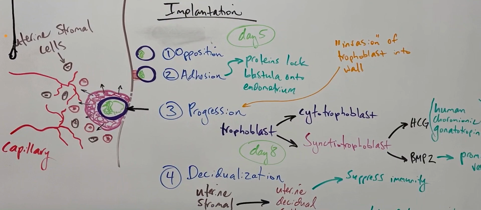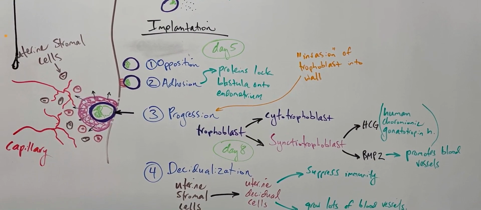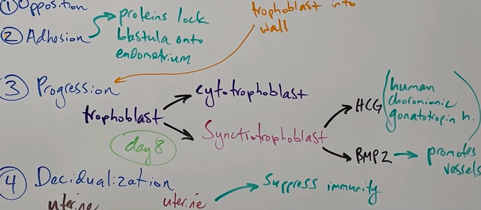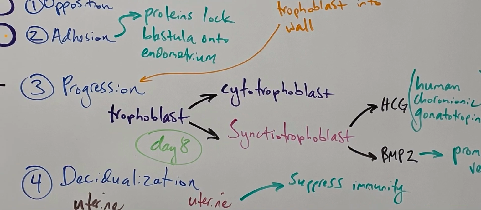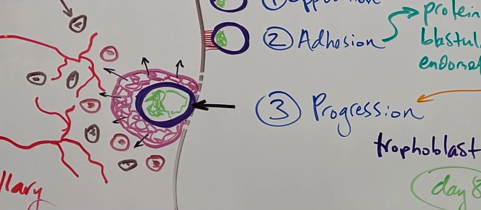Now, the syncytiotrophoblast is going to secrete some really important hormones and proteins. The first is HCG, which stands for human chorionic gonadotropin. HCG is important because it tells the corpus luteum not to degenerate. Remember that the corpus luteum is the leftover cells from the follicle that ovulated the egg.